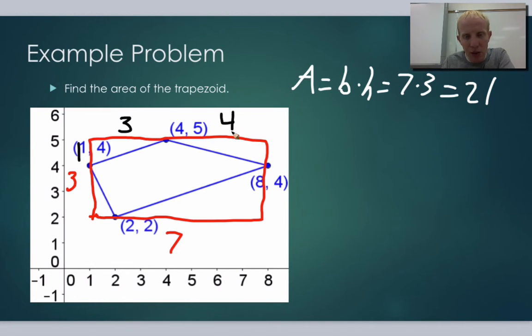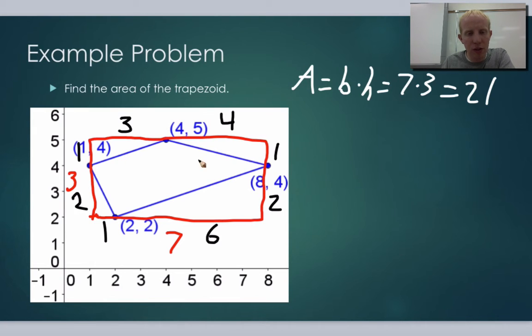That's going to be a width of 4. It goes from 5 down to 4. That's going to be a height of 1. This triangle goes from 4 down to 2, which is a height of 2, and it goes from 8 to 2, so that's a width of 6. This triangle right here has a width of 1, and it goes from 2 to 4, so that's a height of 2.